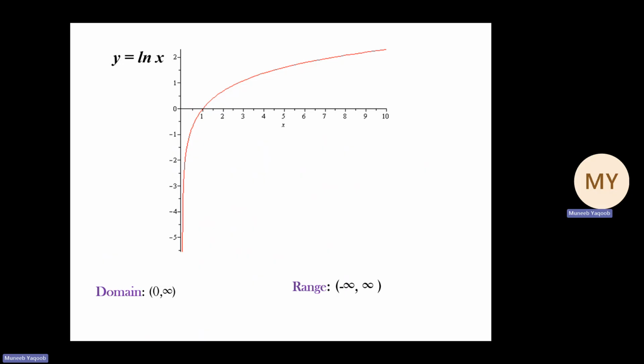It could be negative infinity, it could be positive infinity. So since there is no restriction on the set of output values, all real values of y are possible from negative infinity to positive infinity, where both the negative infinity and the positive infinity are not inclusive.